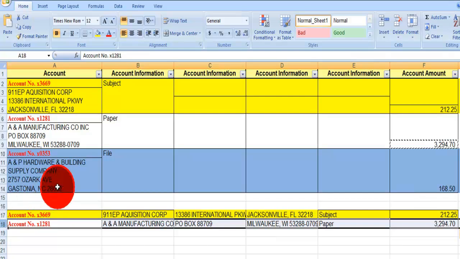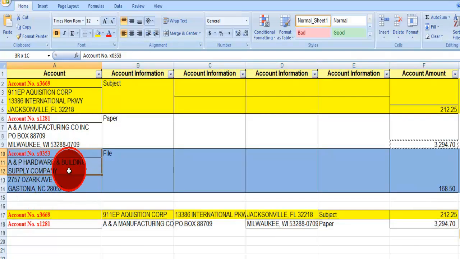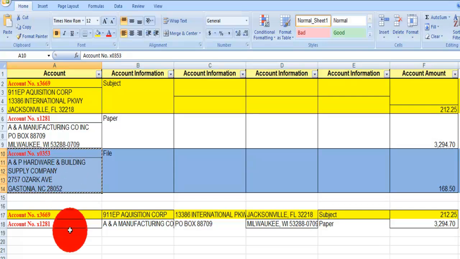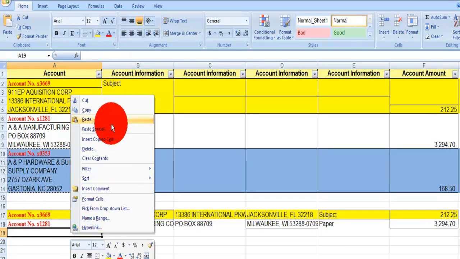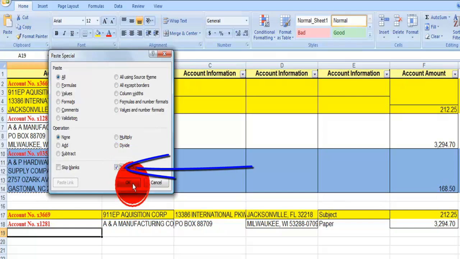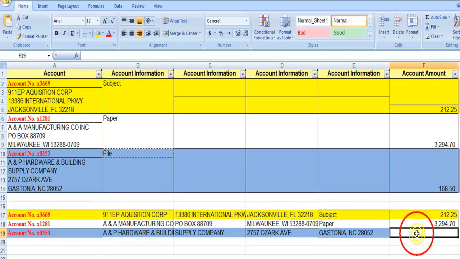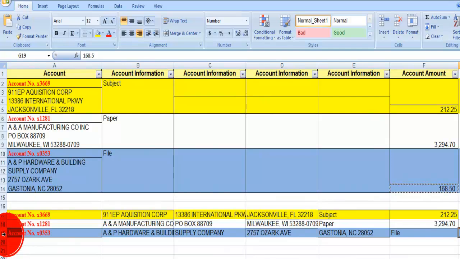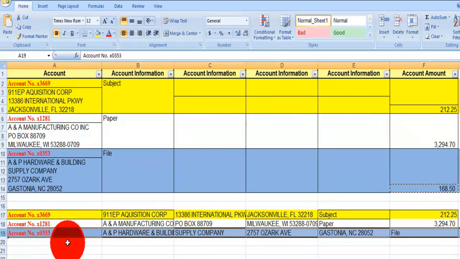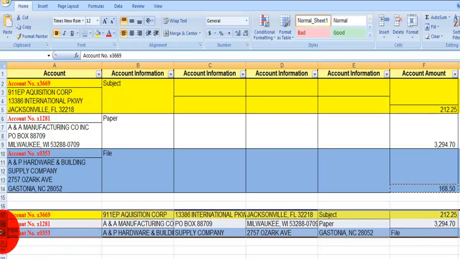Now I'm going to do this for account number 3: copy, paste special and transpose, and then bring the account information as well as the account amount to the single row. And now account number 3 is also in a single row, row 19. So now we have 3 accounts in 3 single rows. Before, we had 3 accounts in more than 3 rows.